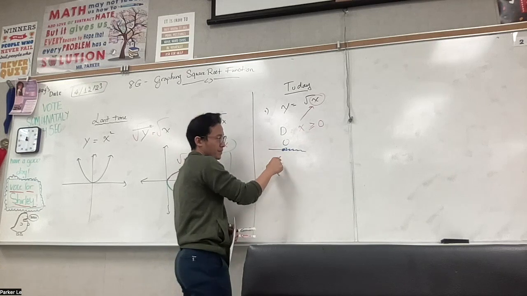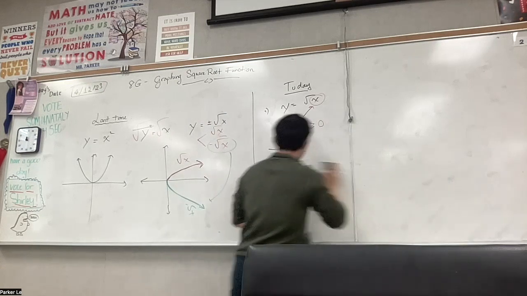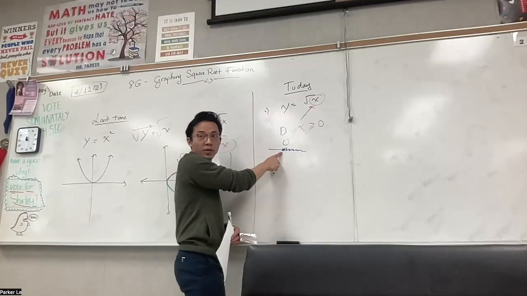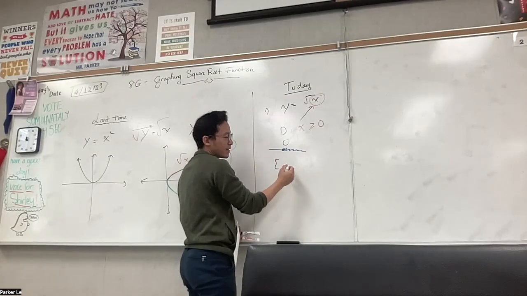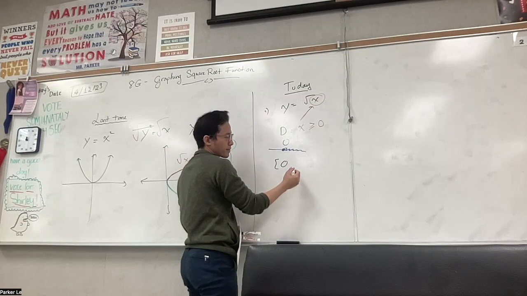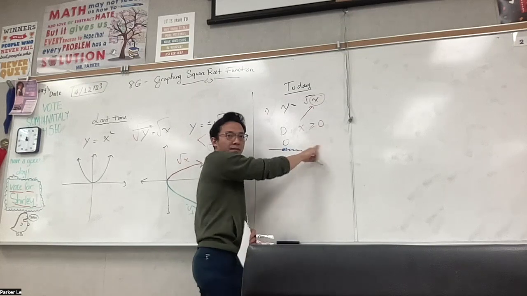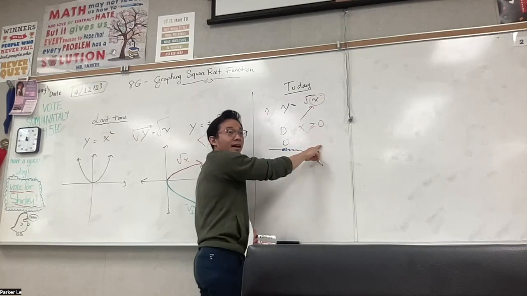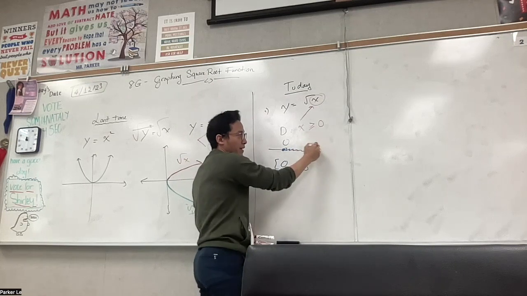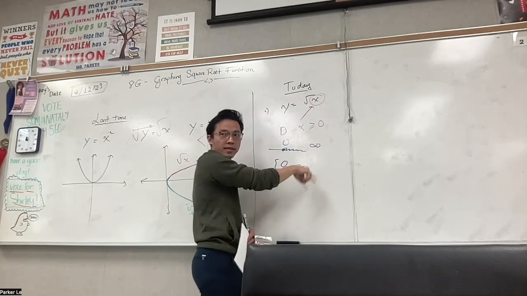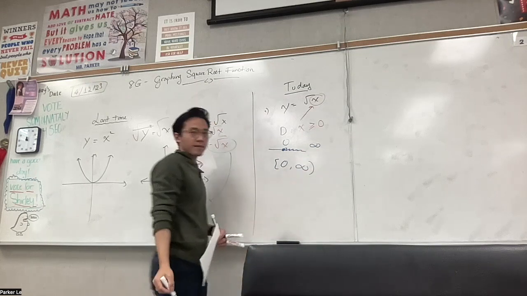Bracket, very good, because I include 0. So bracket 0. What is the ending point? Positive infinity. Is it a bracket or parenthesis? Parenthesis. Do you remember this?